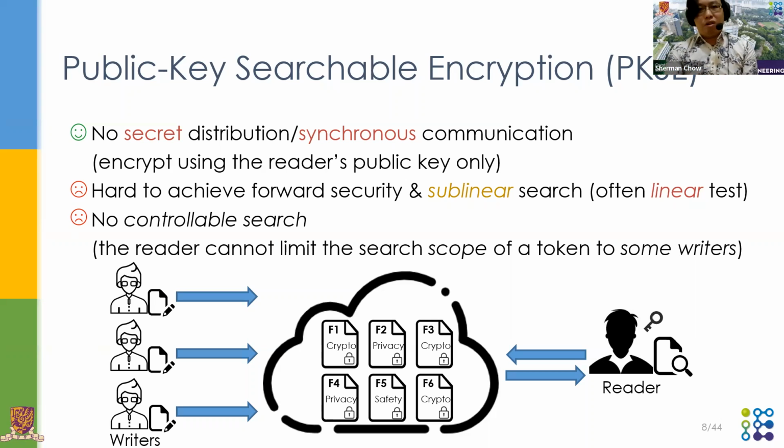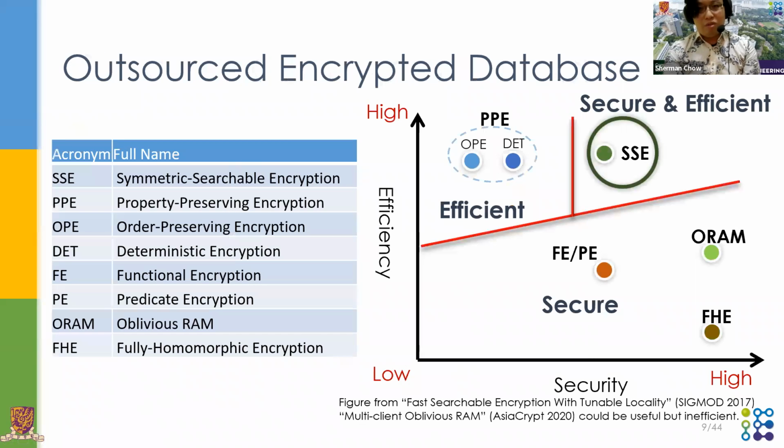Okay, so that is the rough status of PKSE. It's nice for multi-writer, but we don't get the usual security feature or the efficiency feature from DSSE. This is a slide I adopted from some prior searchable encryption work. The focus, at least for that particular talk, was the functionality versus security, or in general, efficiency of search operation versus security.